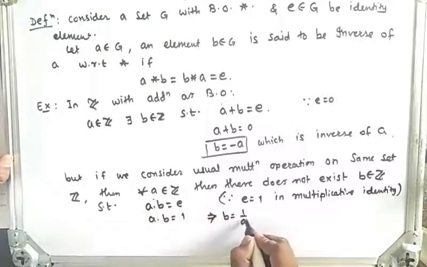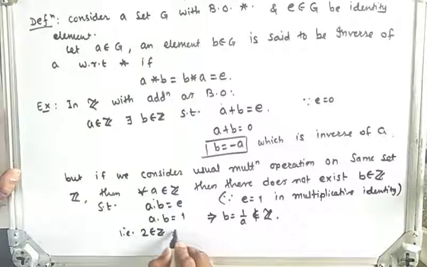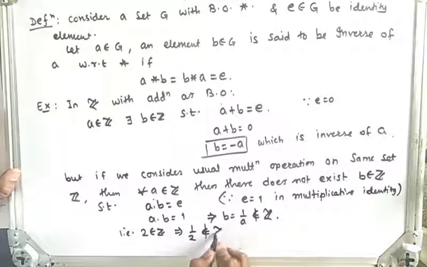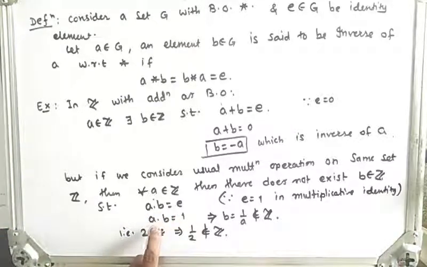But 1 upon a does not belong to the set of integers, right? For better understanding, I will take a is equal to 2, then 1 upon 2 does not belong to the set of integers, because the set of integers is of the form minus 3, minus 2, minus 1, 0, 1, 2 and so on. So 1 upon 2 is a rational number, right? So 1 upon 2 does not belong to the set of integers.